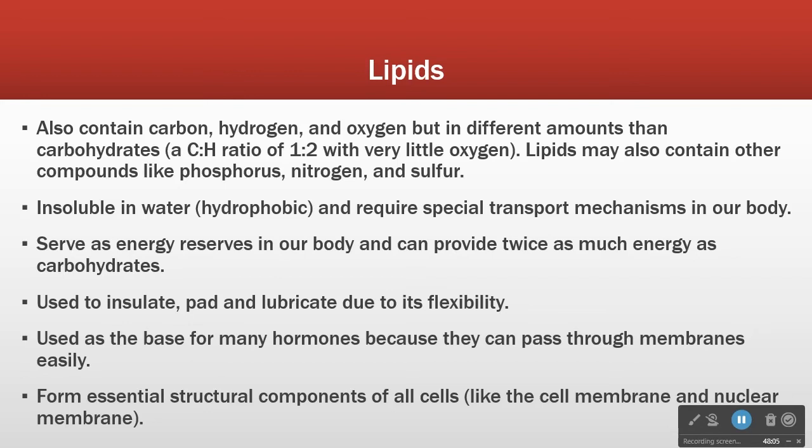Because anywhere that the body needs to insulate, pad, or lubricate, fat's why we do that, all right? So, for example, in the heart, okay, you're going to open up the chest cavity at some point. You're going to open up the pericardial sac. You're going to pull the heart out, and it's going to be a lot fattier than you think. Now, why? Does that mean that they were sick, they had some fatty heart?